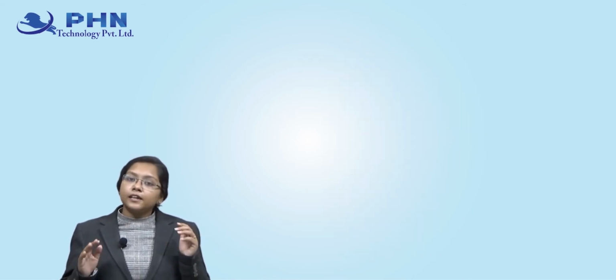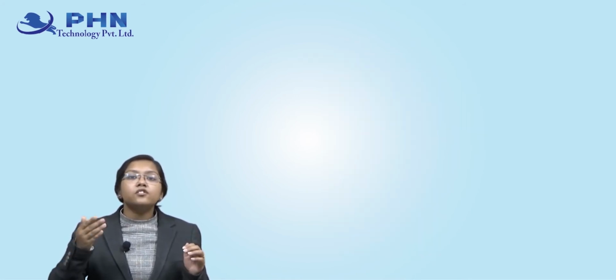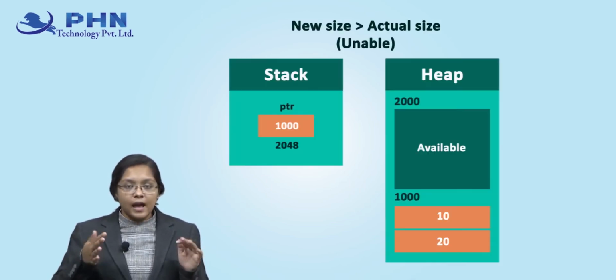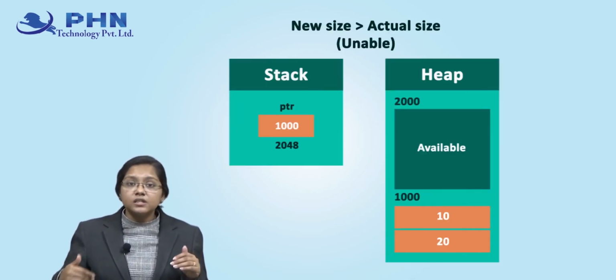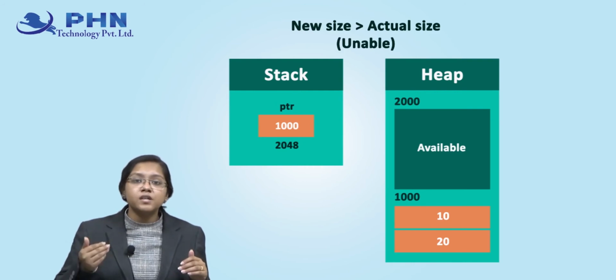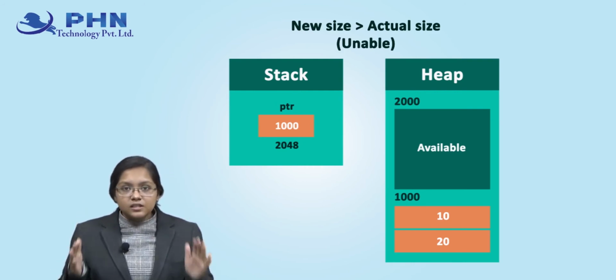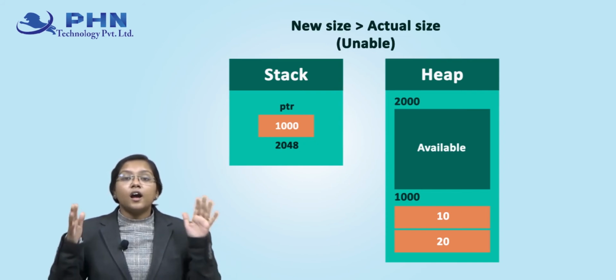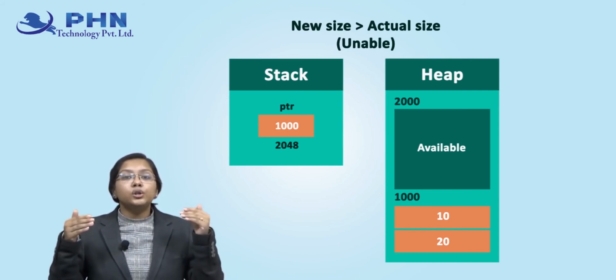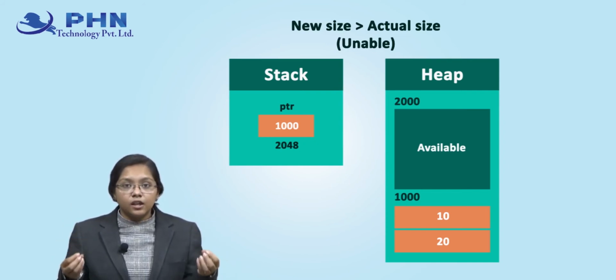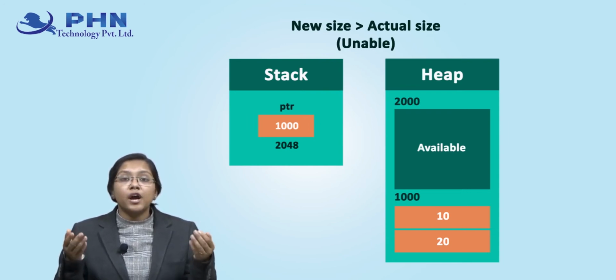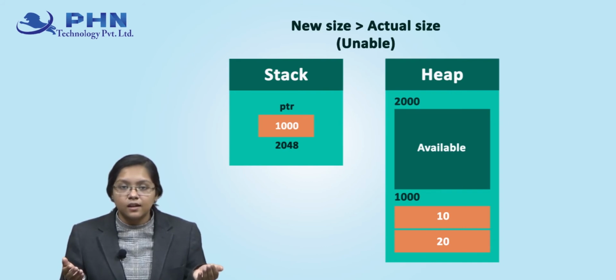And let us consider I don't have space over here. Now I want to increase my memory, but I don't have space. Then what will realloc do? In this case, realloc allots new memory wherever it finds available space.